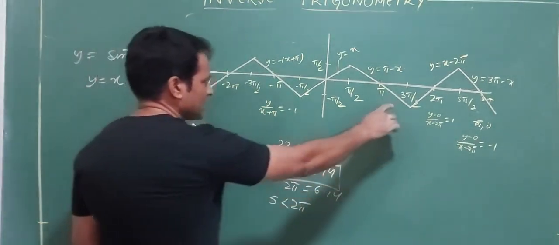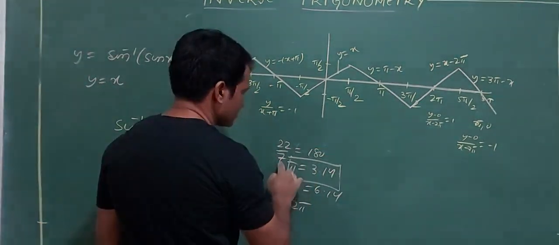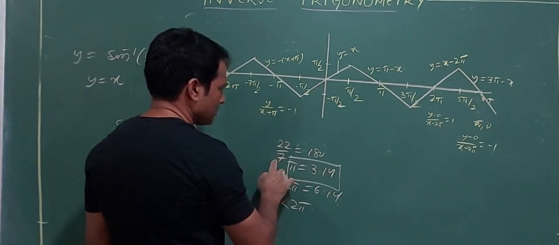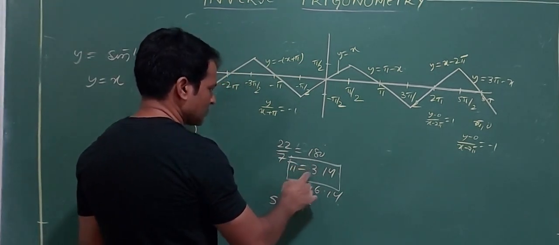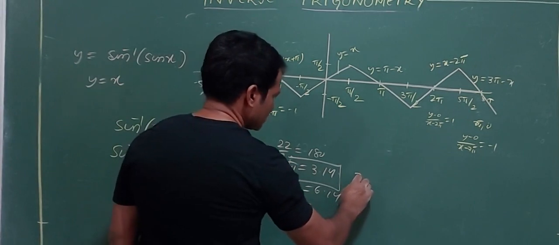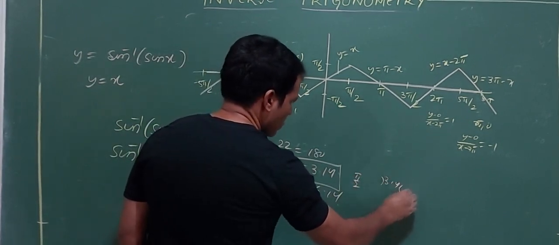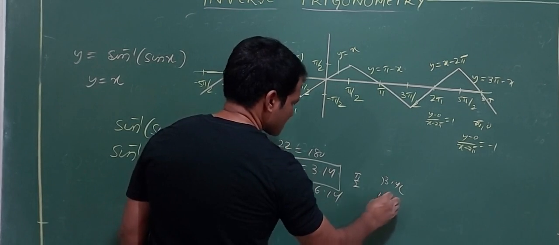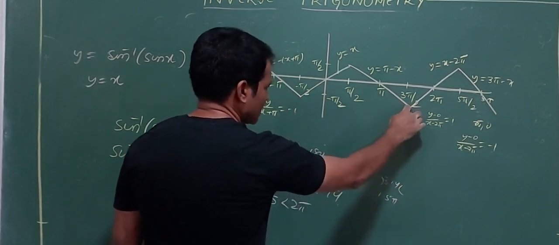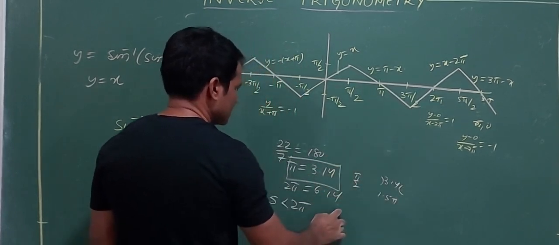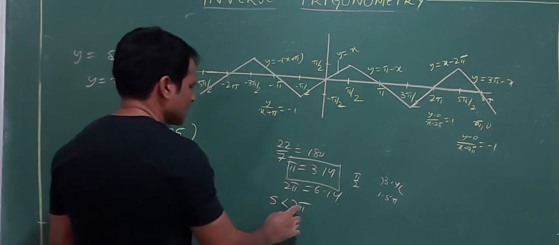And what is 3 pi by 2? Pi is equal to 3.14, so pi by 2 is equal to 1.57. So 3 into 1.57 is 4.71, so 5 is more than 3 pi by 2.